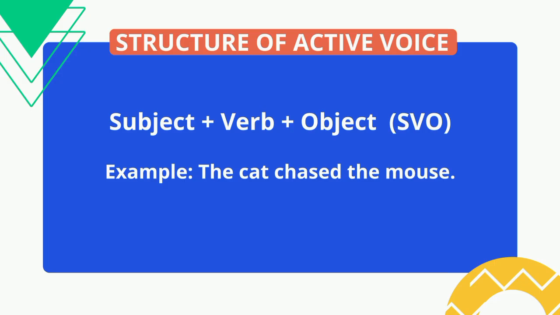From the sentences that have been given above, you all notice that the structure is subject, verb, and object. Hence, all the sentences are in active voice, because we have the subject followed by the verb and followed by the object.